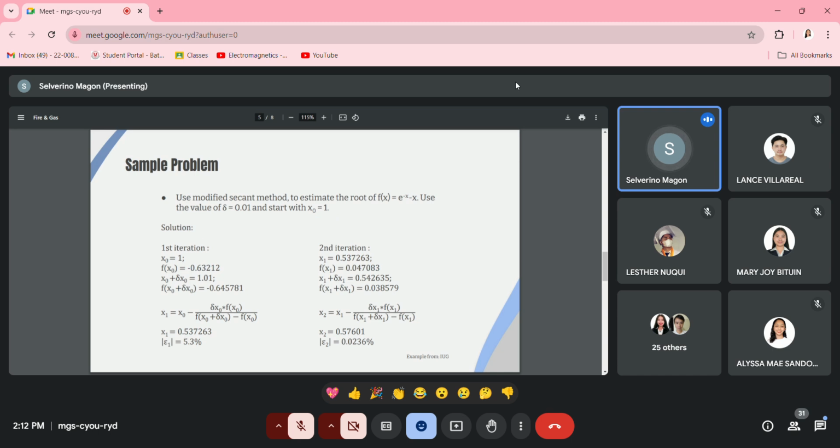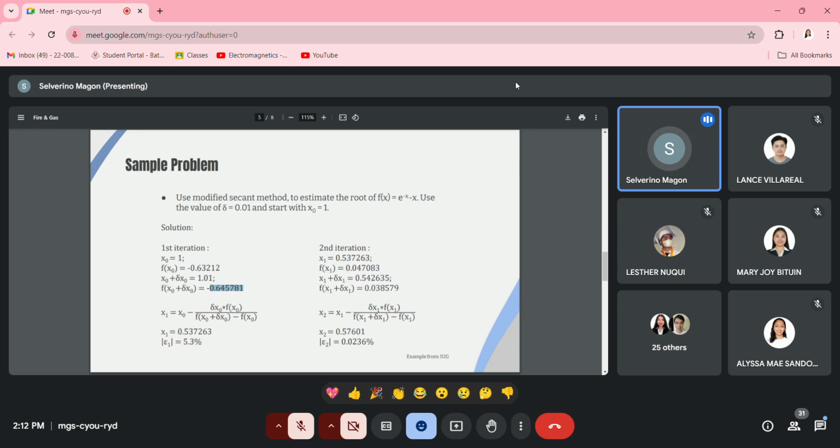From a reference point x0, we move a little further to the right, at 1.01, and then we inspect the changes in vertical value. So the negative 0.632 here becomes negative 0.645 right here.